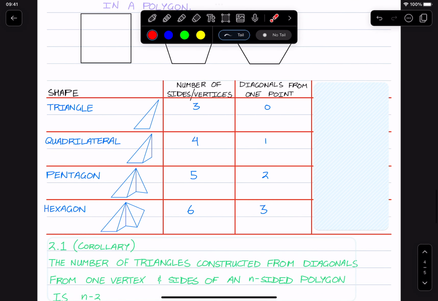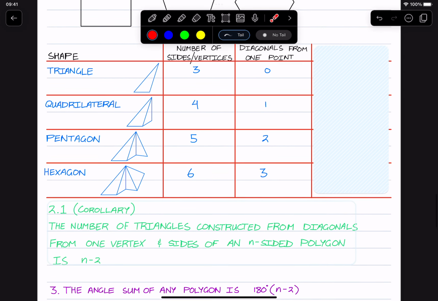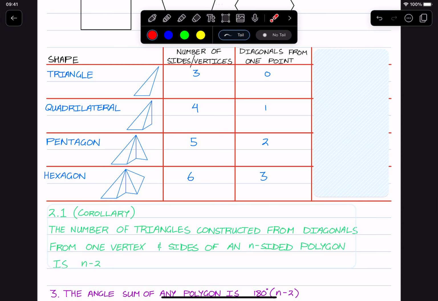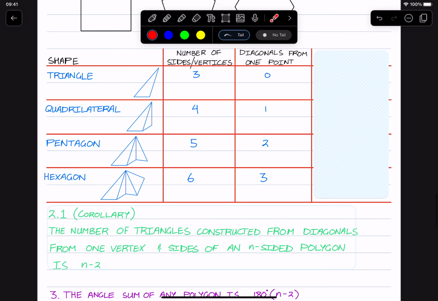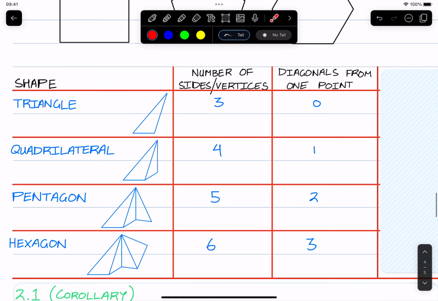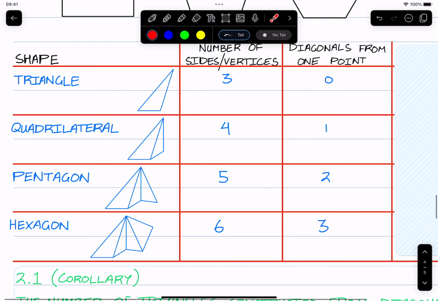Interestingly, from this is a corollary, meaning a smaller proof that quickly results from this. So the number of triangles formed by the diagonals from one vertex of an n-sided polygon is actually n minus 2. So from these constructions, I want you to simply count how many triangles there are.